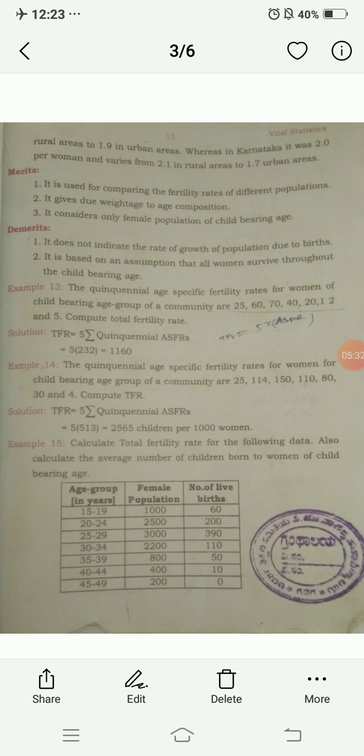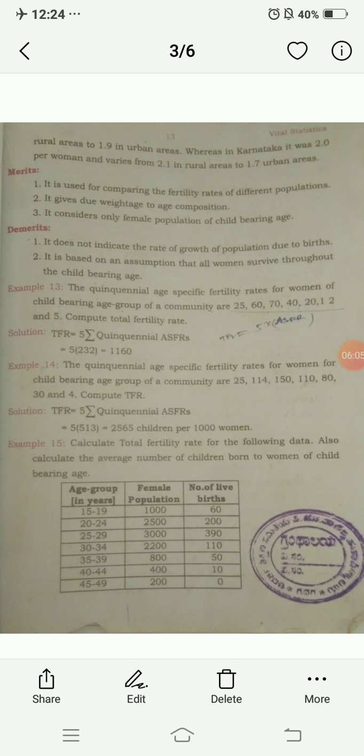When the age width is 5, you use the formula 5 into the summation of quinquennial ASFR. When the age groups have a different width, we use the formula TFR equals summation of I, taking the value 15 to 49, into the summation of ASFR.